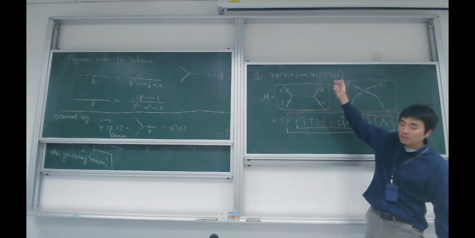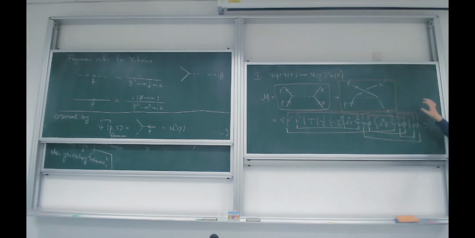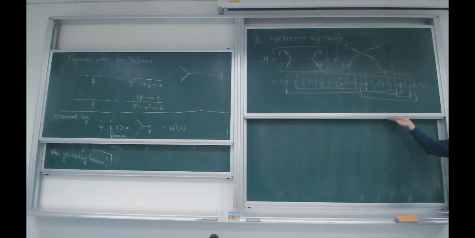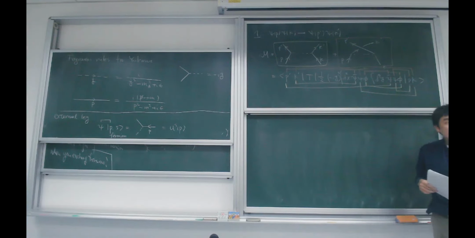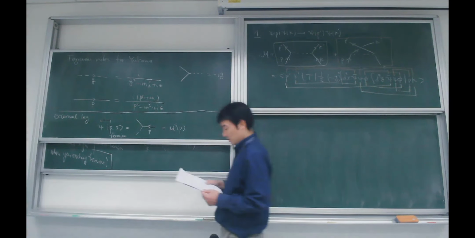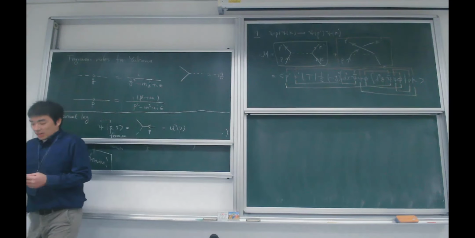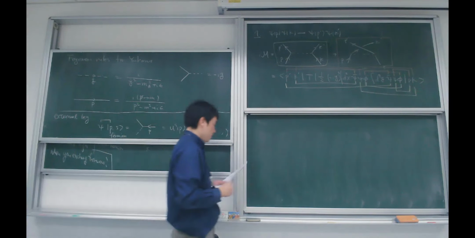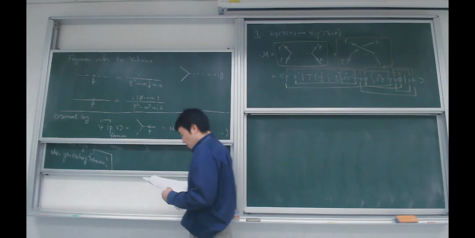So the upper one is red and the lower one is yellow. Sorry, do you understand what I mean? I hope it's clear. And I apply this rule.